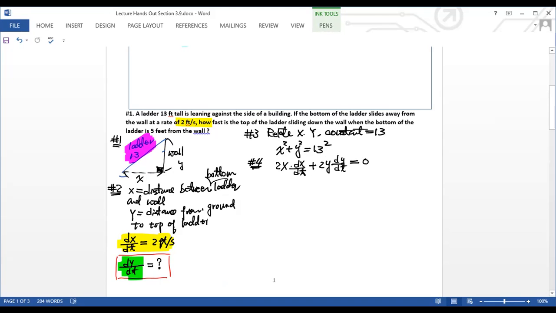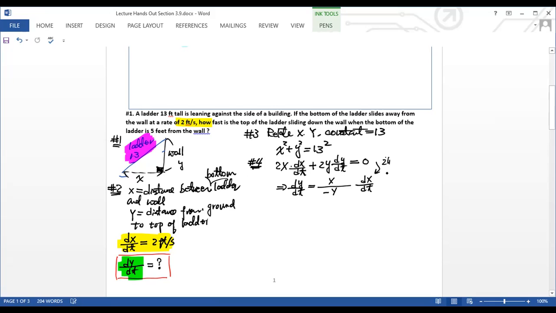Then you say, that is good, because I'm looking for dy/dt. So you move the 2x over, and dy/dt will be negative x over y times dx/dt.